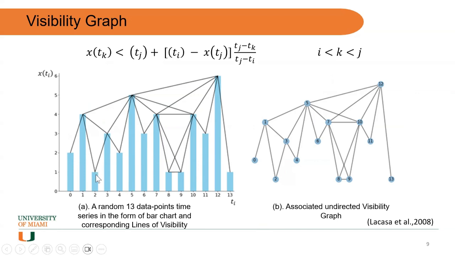If there are no interceptions between these two time points' bar charts, then these two time points are connected on the visibility graph. So by studying the graph topology and the graph statistics, we could analyze the underlying system.